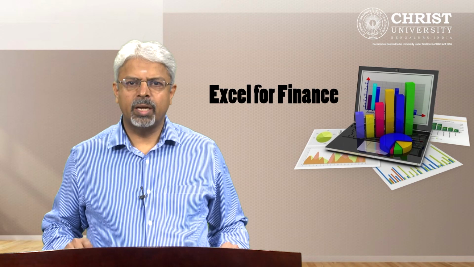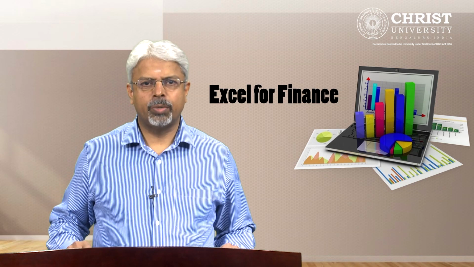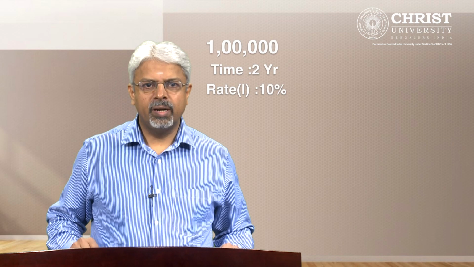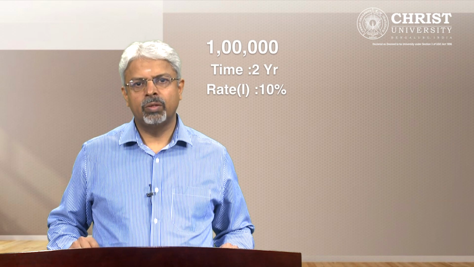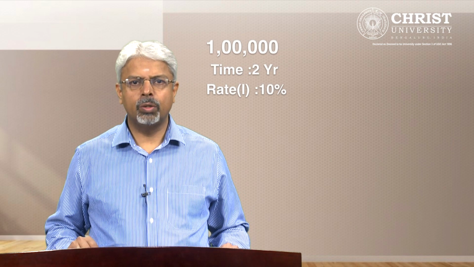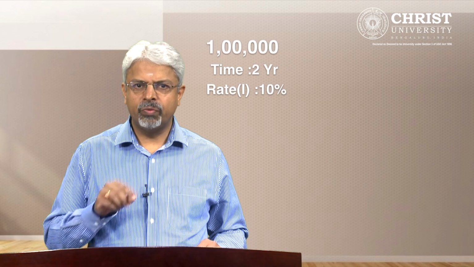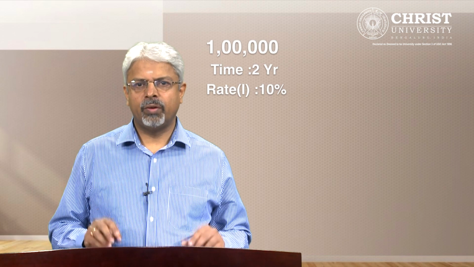Let us start with an example where we have to find out the present value of 1 lakh rupees that X is likely to receive after 2 years, and the prevailing rate of interest is 10%, which in other words means we are trying to find out a certain sum of money which is invested today at an interest rate of 10%.